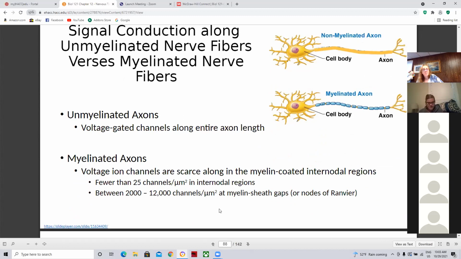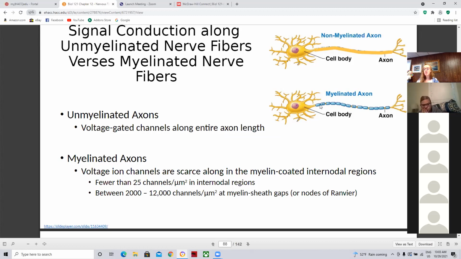So signal conduction along unmyelinated versus myelinated fibers. In unmyelinated fibers, there's voltage gated channels across the entire axon length. In myelinated axons, the voltage ion channels are scarce in the myelin-coated regions. Remember, myelin means the insulation.